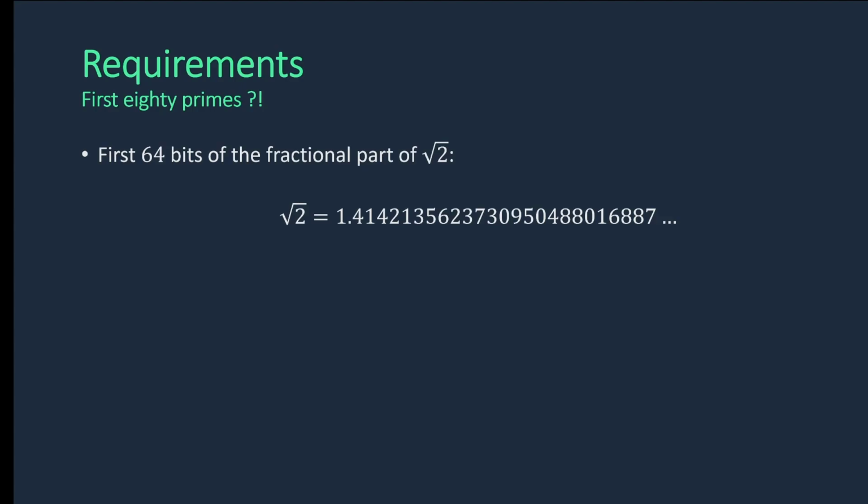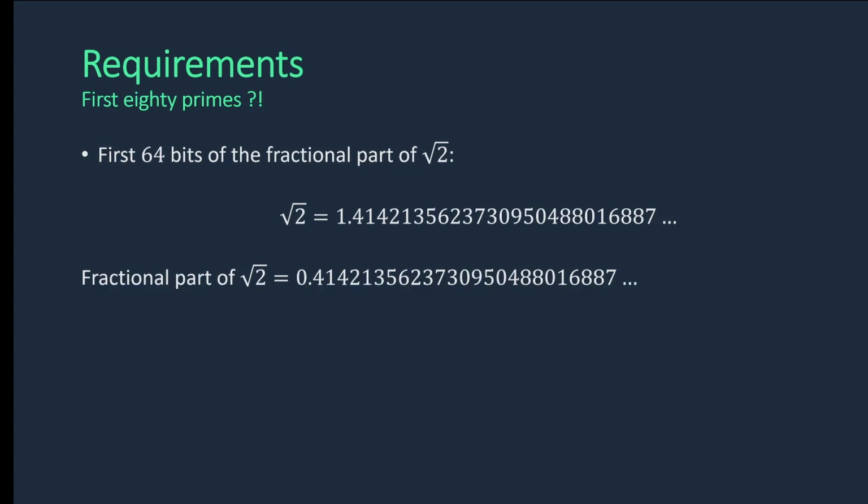So the first 64 bits of the fractional part of the square root of 2, how can it be computed? Well, the square root of 2 is roughly 1.4142 and other digits that we can see on the screen. Its fractional part is just whatever we get after the decimal point. So in this case, the integer component is 1.